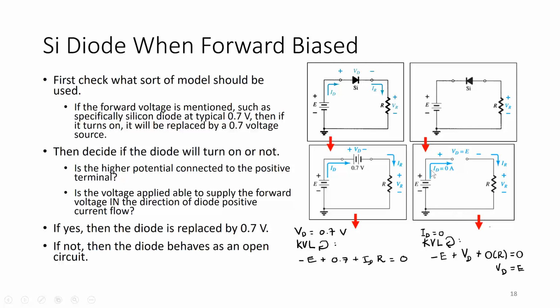But we know if it is an open circuit, the current is going to be 0 amps. So if I do a KVL here, minus E plus VD plus the voltage drop across the resistor, which is going to be 0 because the current is 0, since V equals R times I, and I is 0. So VD is going to be E volts. Okay, so we are now ready to go to the examples.